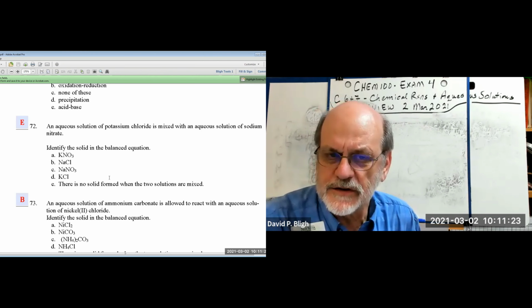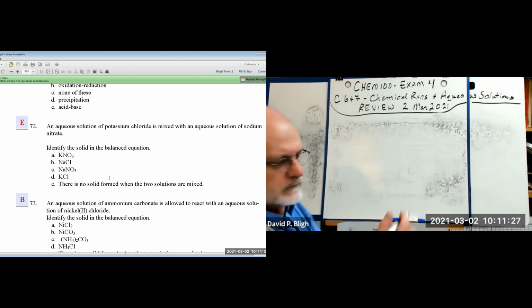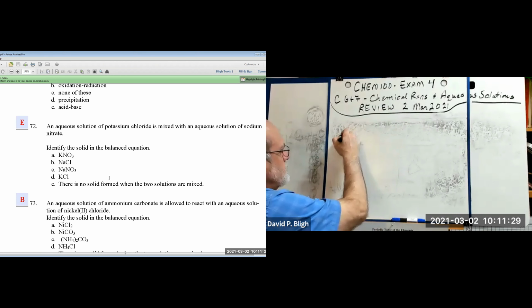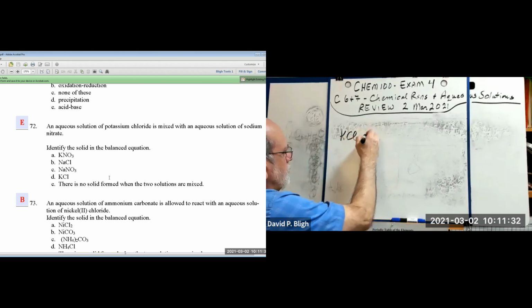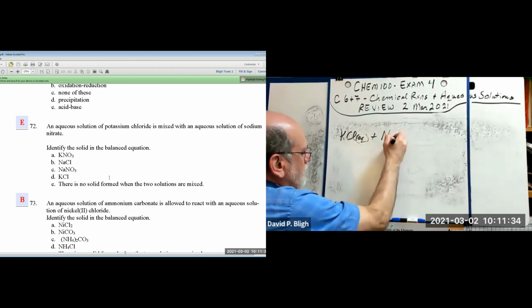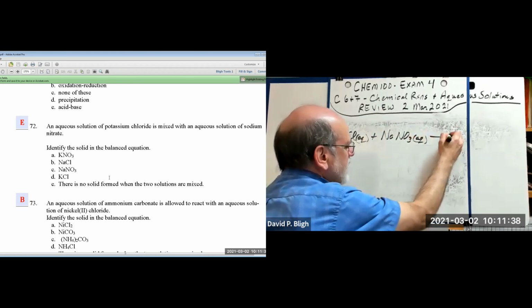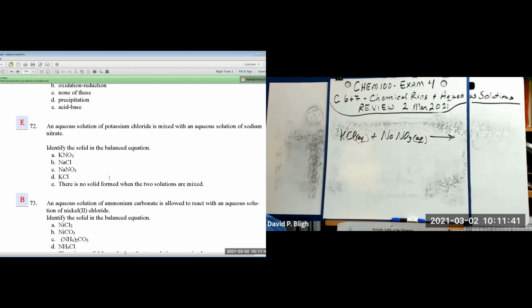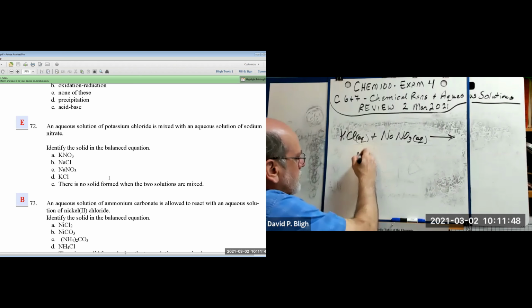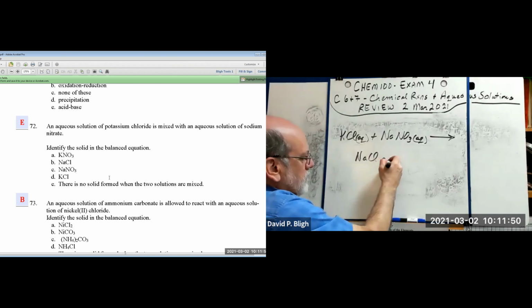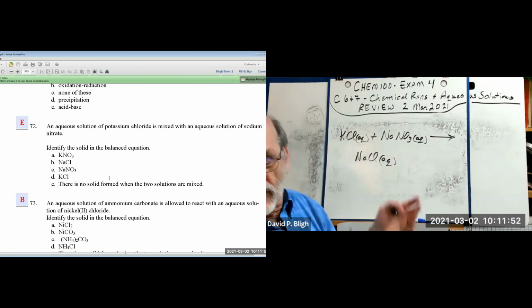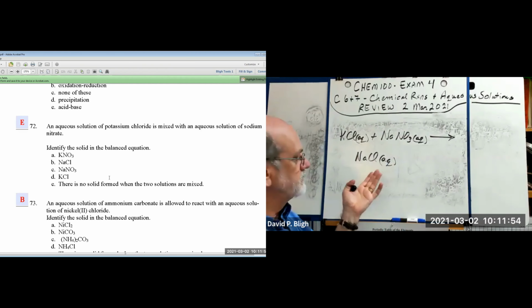72. What if you mixed a solution of potassium chloride and sodium nitrate? What would you get? Well, double replacement, right? Sodium goes with chlorine. Everybody knows sodium chloride is soluble, table salt.